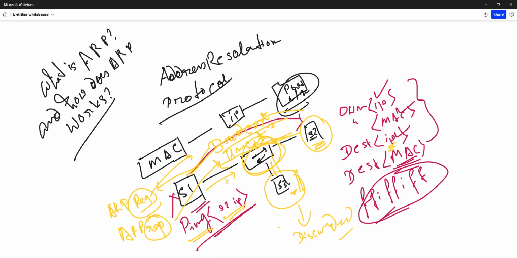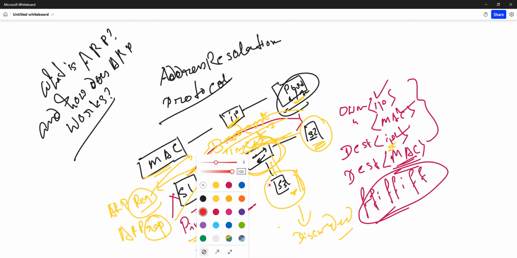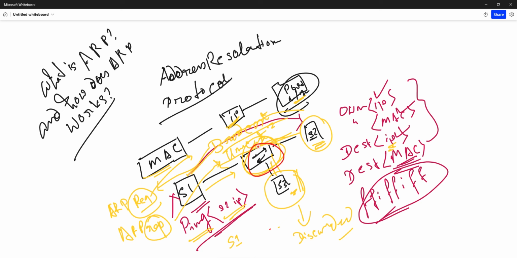Now once the information has been shared between the two machines, S1 stores this information, the MAC address, IP address, and port number. The switch can also store the information, building the CAM table.